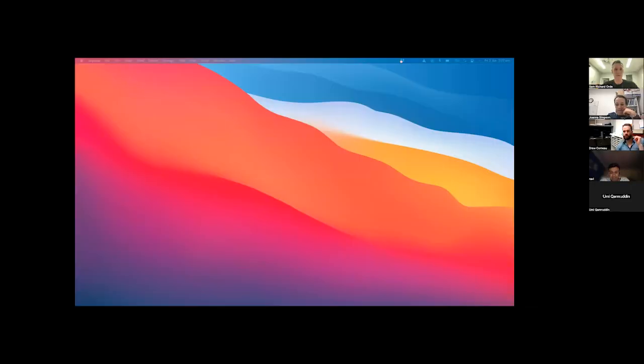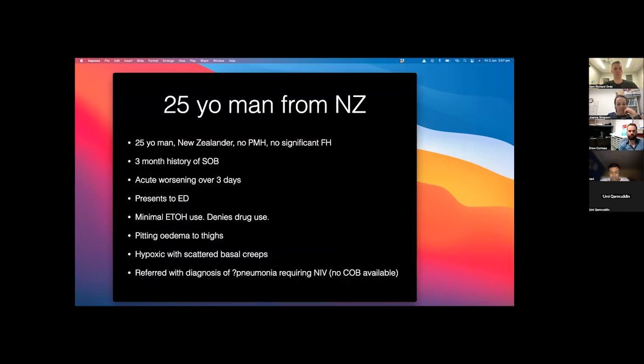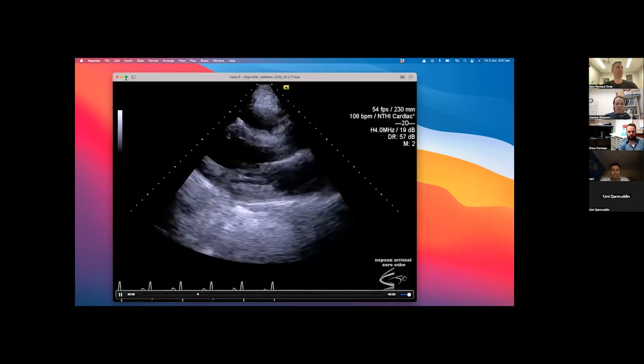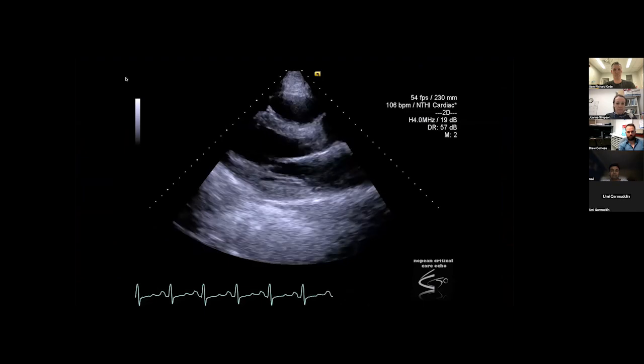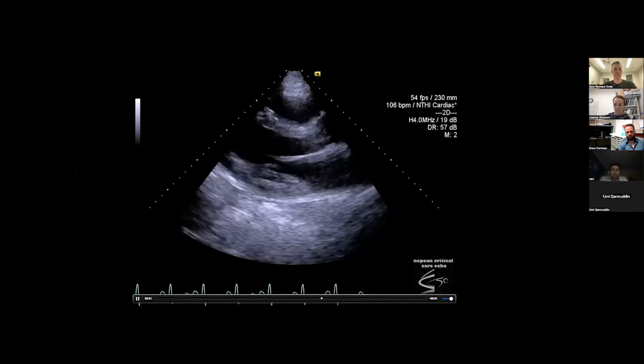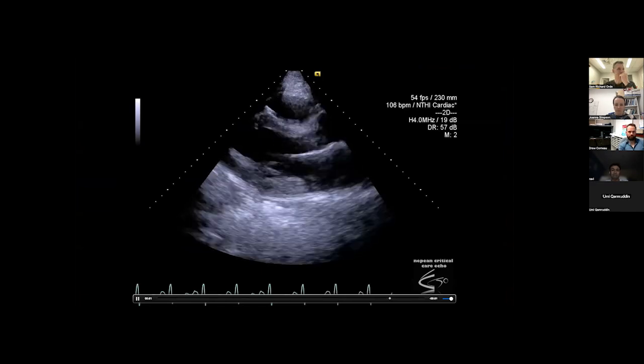Excuse me. Sorry, technical areas. How about that? That's better. Cool. Whenever you want to go forward, just let me know. Okay.